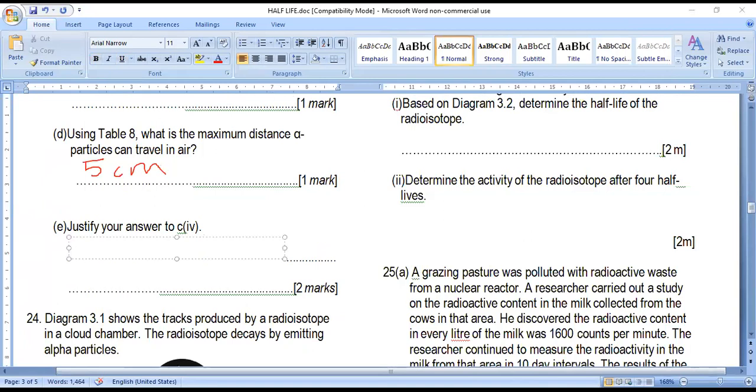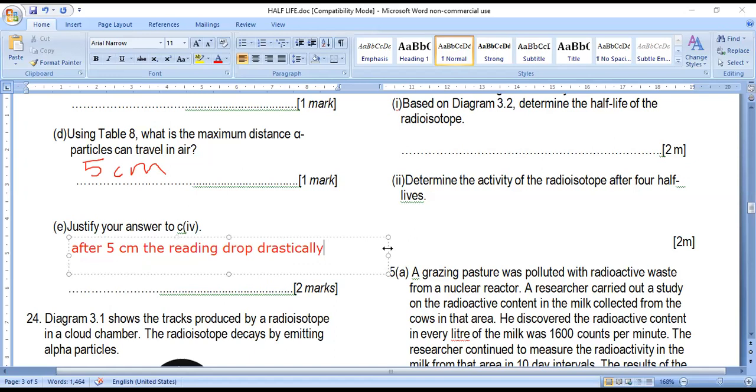So you say after 5 cm, the reading drops drastically.